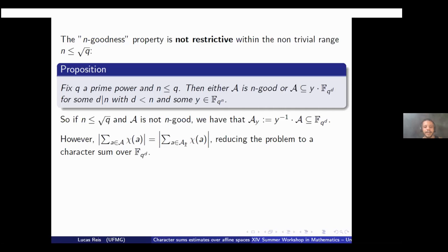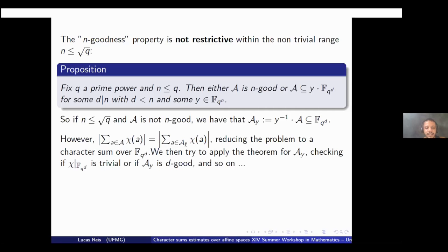So I just need to check if A_Y is d-good or the character restricted to F_Q^d is trivial. If A_Y is not d-good, if one of these things happens, I can either employ the bound or I just realize that this sum actually is the trivial sum because the character here is trivial. Otherwise, I just iterate this procedure, like I did the first time.